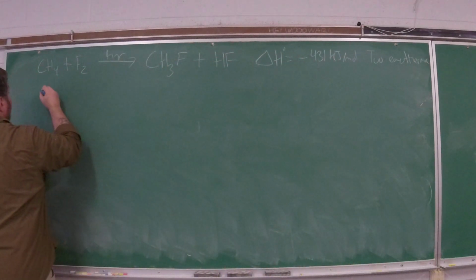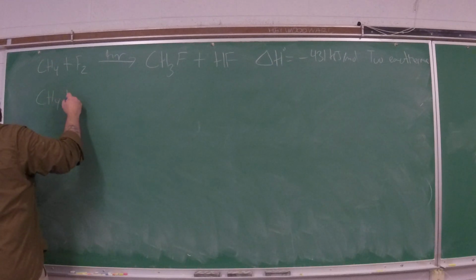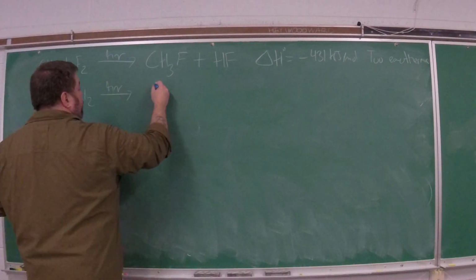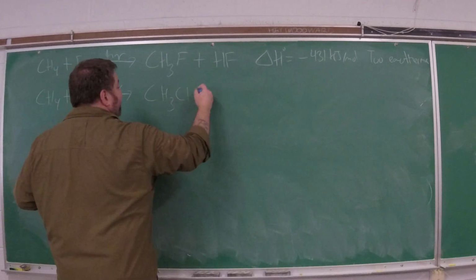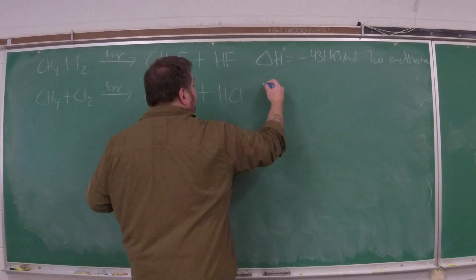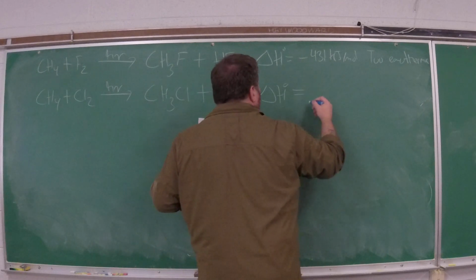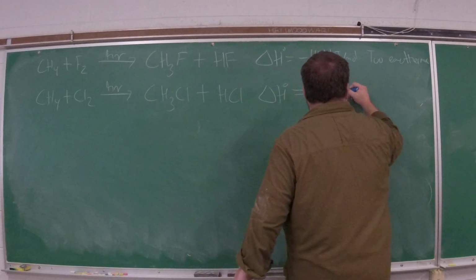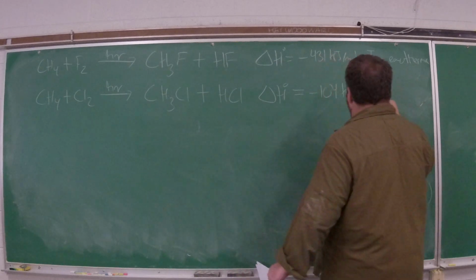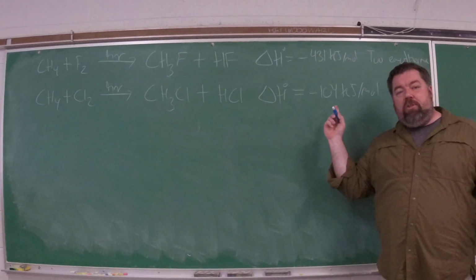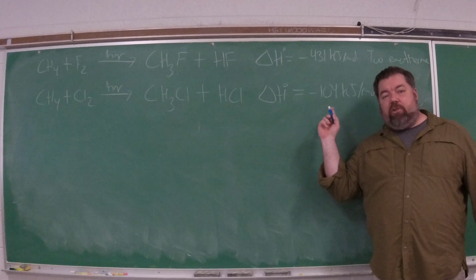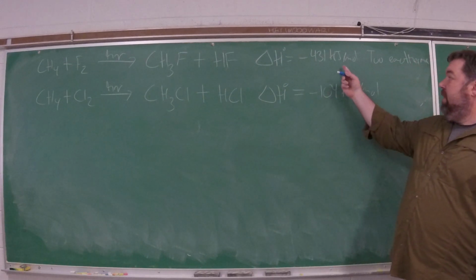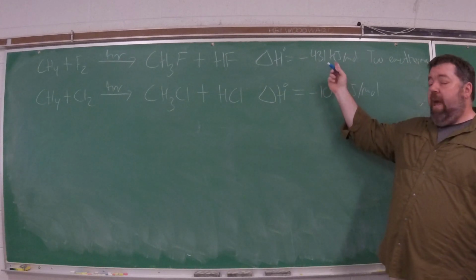Let's take a look at chlorination. Delta H for this is going to be negative 104 kilojoules per mole. Now again, remember, delta G equals approximately delta H, right? So both these reactions would be spontaneous, right? But that one's 4 times more energetic.